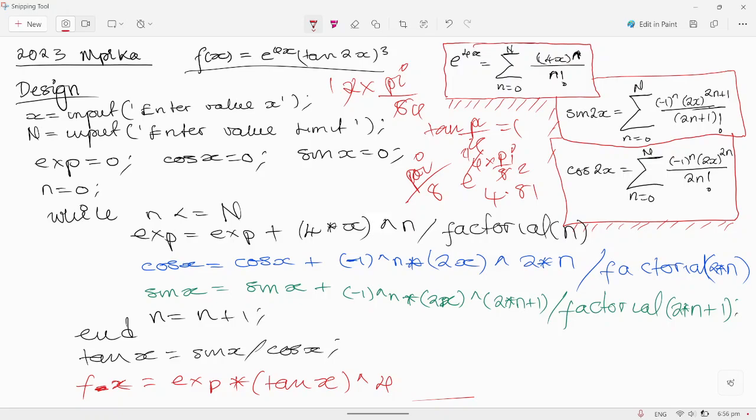Maybe if you use an upper limit like 10, you're not going to get the value. But if you use something like 20 or above, you're going to get the value. And that's how we solve the second question. Let's quickly move on to the last one in our video.